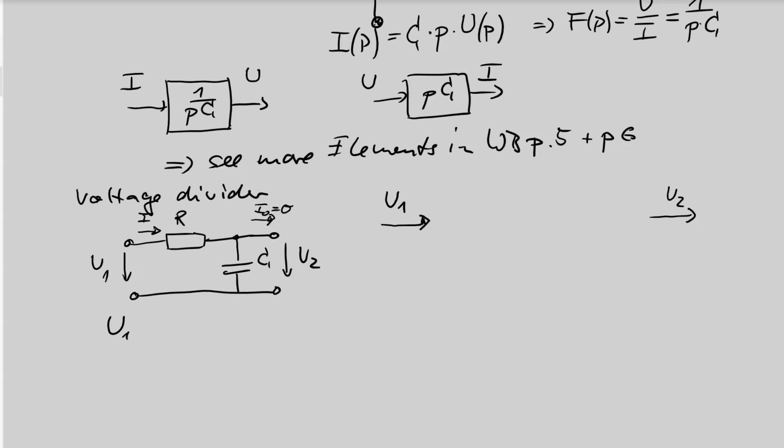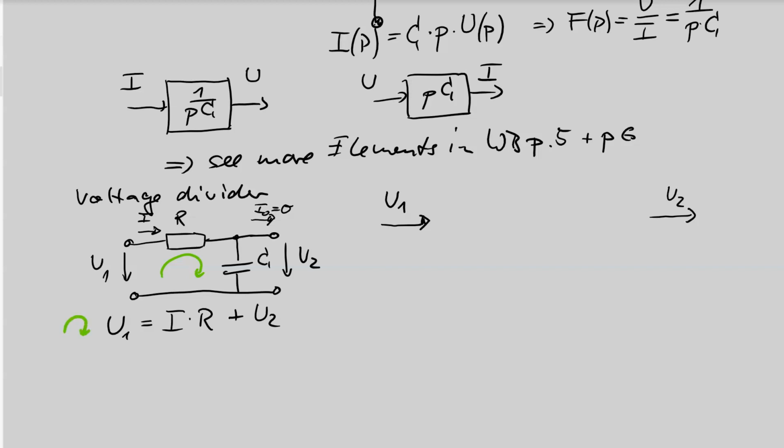The voltage sum in a loop must be 0, so we can write U1 is, I think you have learned it in other lectures, the voltage drop over the resistance. This is with Ohm's law, I times R, plus U2. That's the first, we can say mesh rule or loop rule.